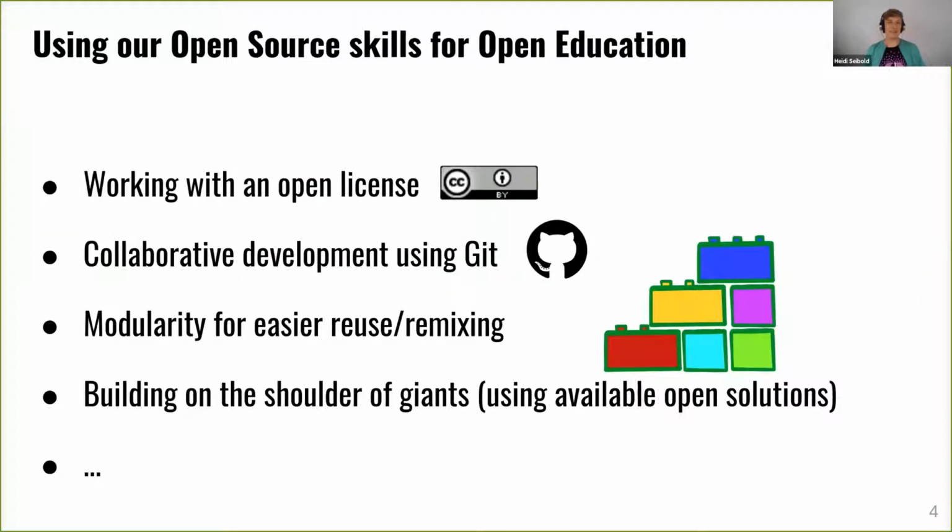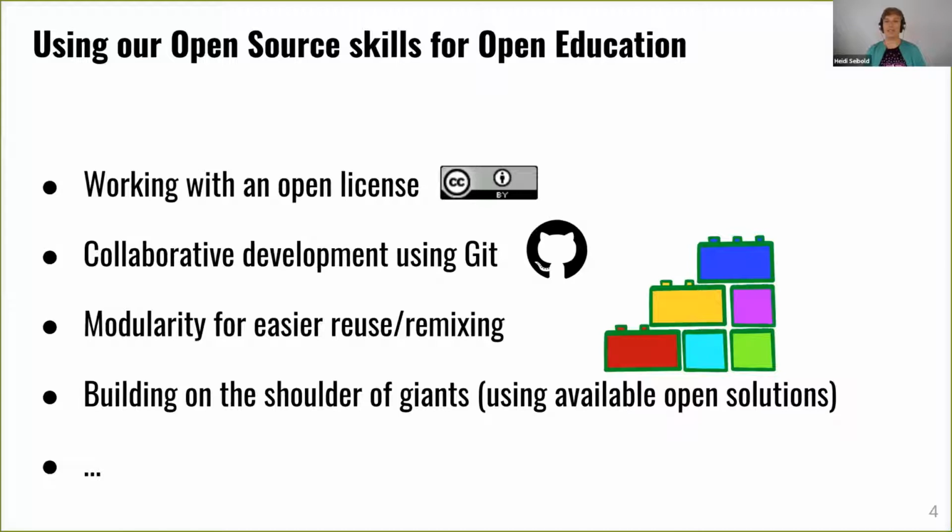I want to talk today about the following things. Working with open licenses is something that you get used to when you do open source software development. Then also collaborative development, especially using Git and online platforms such as GitHub and GitLab. Furthermore, modularity is something that's really important in software development for easier reuse and remixing of software.